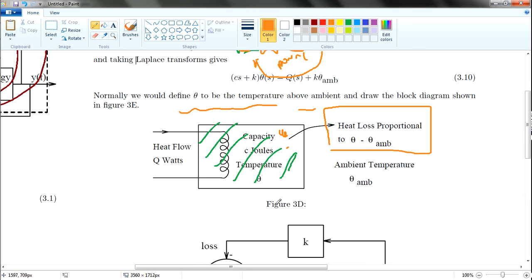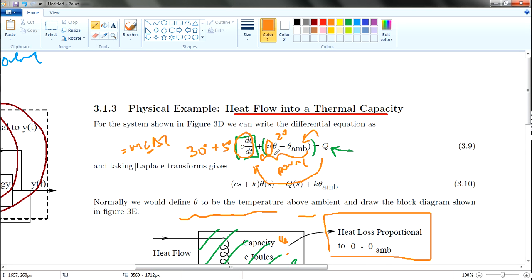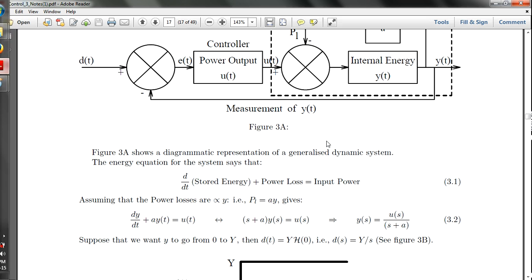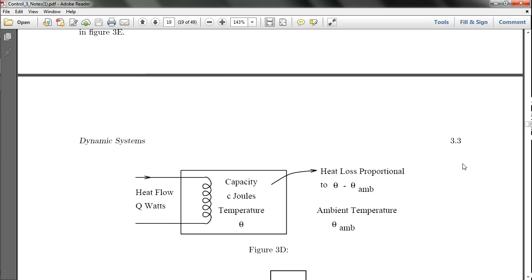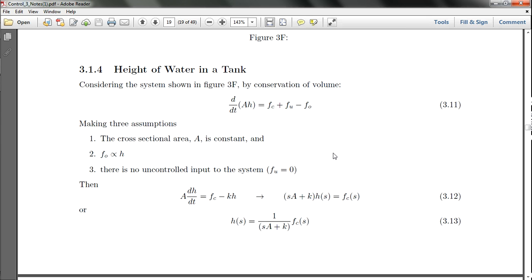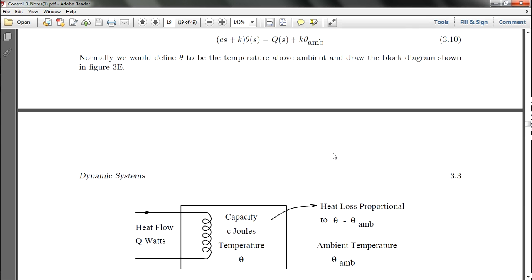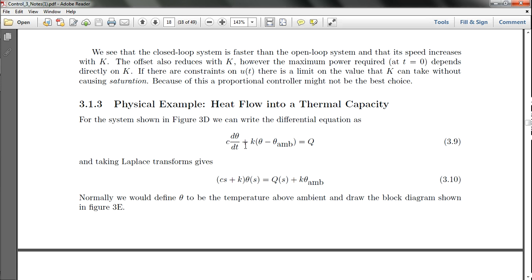Similarly, if you go back to this analogy, it's the same thing. This portion is actually this one plus this one. If you look at this formula properly and multiply k into these two terms, you'll get k theta minus k theta ambient.